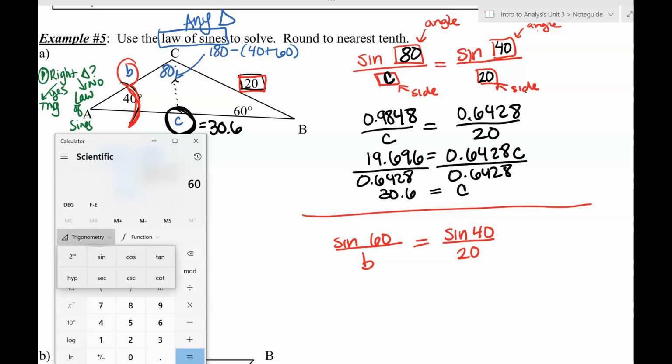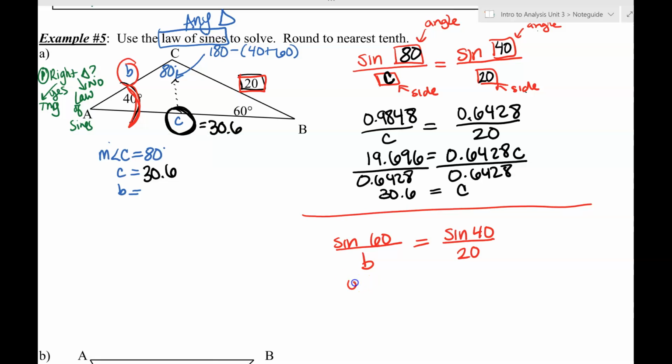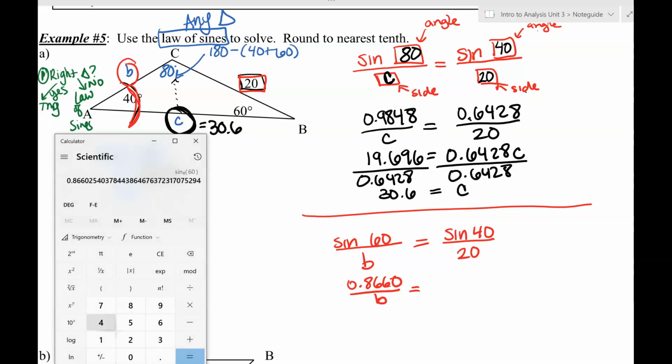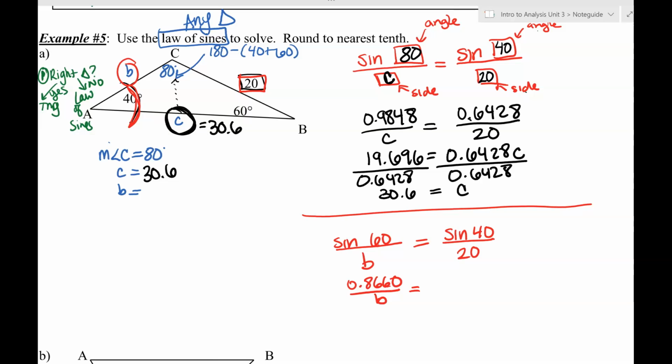So the sine of 60 is 0.8660. And the sine of 40, we already did, is 0.6428 over 20.